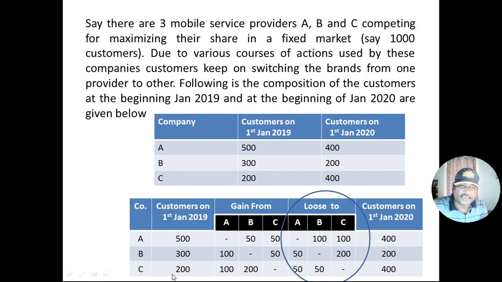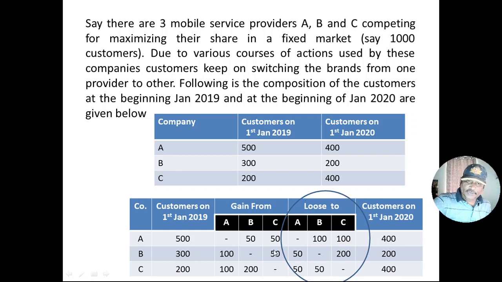So therefore, the number of customers of mobile provider C is rising from 200 to 400. So it is because of gains from some company, A or B or C, and losses to A, B, and C. The final composition of the customers is like this.